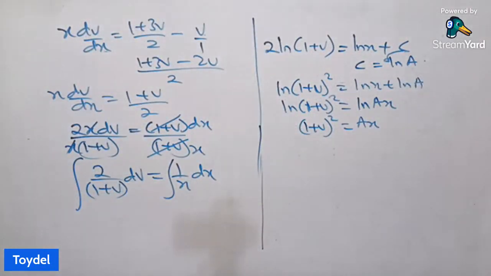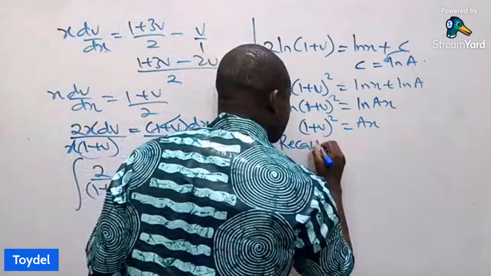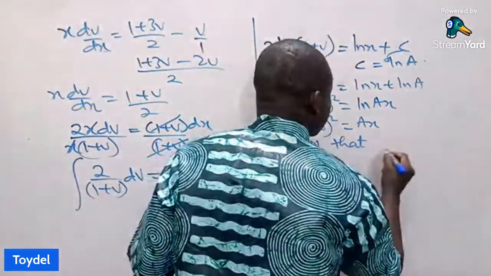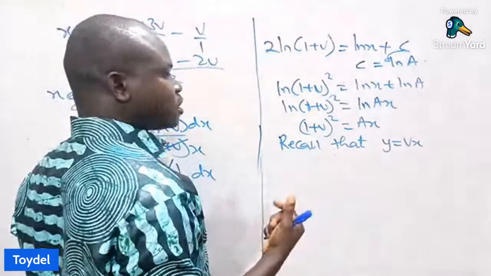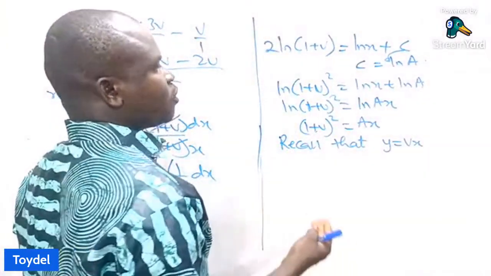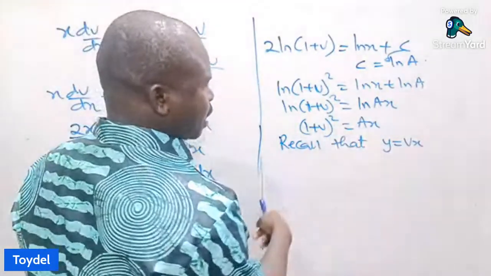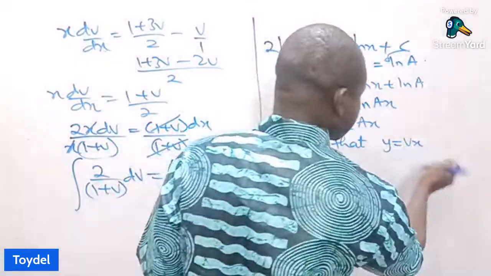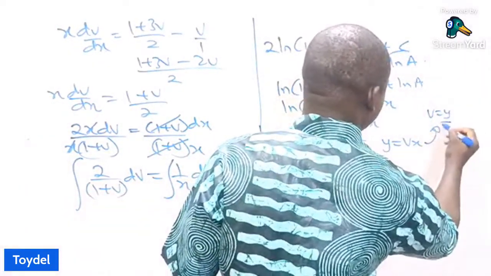But we are going to recall that y is equal to vx. The question is in the form of dy/dx, not in the form of v. Since we cannot do it directly, we let y be equal to vx. So we now recall back. If y is equal to vx, then invariably v will be equal to y/x.